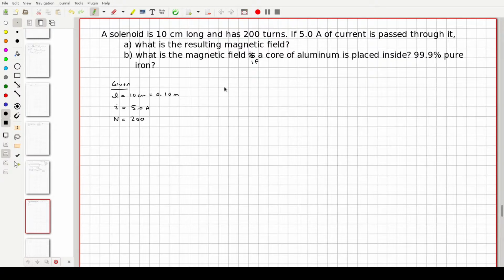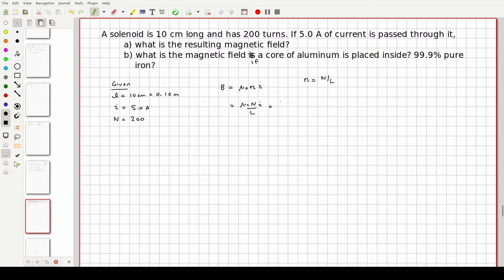So if you remember, the magnetic field in magnitude due to a solenoid, we derived, I believe it was last lecture. It looks something like mu naught times n times I, and lowercase n was the number of turns per unit length. Okay, so here this would just be mu naught capital N I over L.